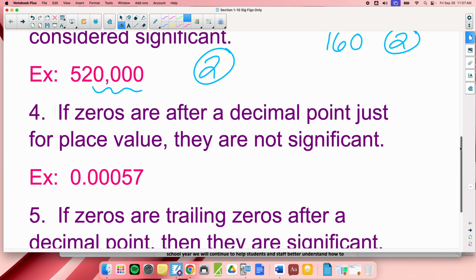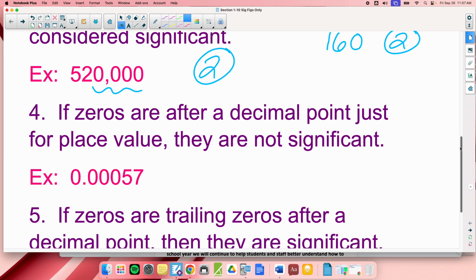Now, just like these zeros were there as placeholders to make that number really large, we also have zeros that we use as placeholders to make numbers really small.